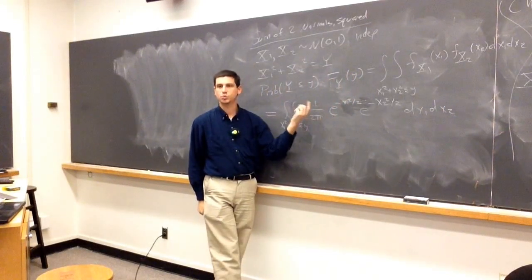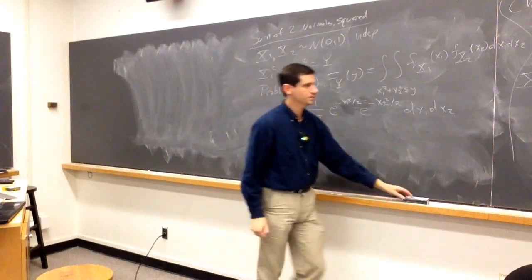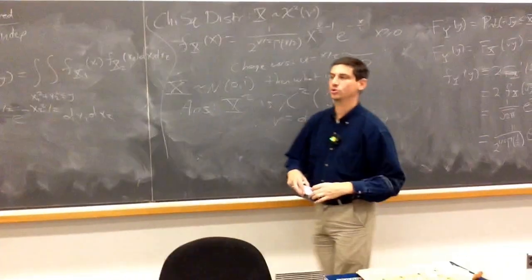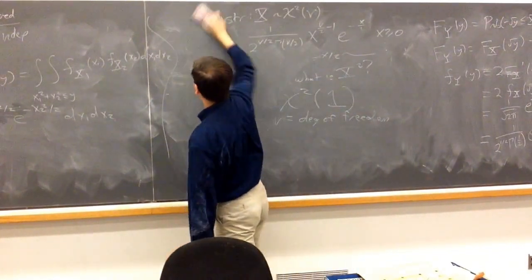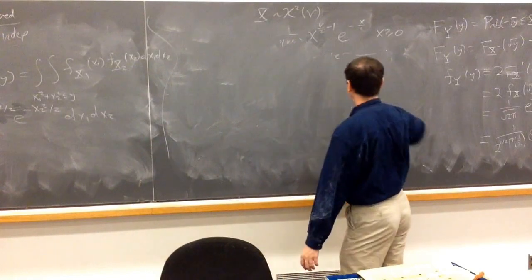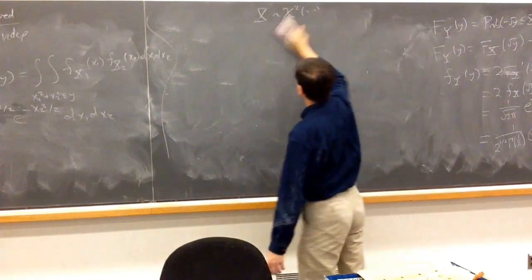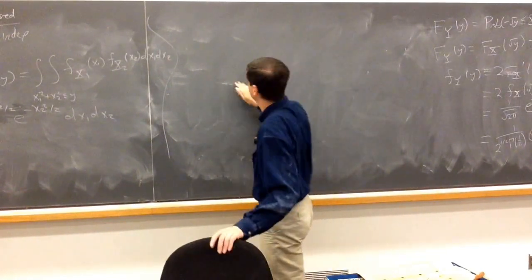When you see something like this, what do you want to do? Polar coordinates. And so if we want to shift this to polar coordinates, we then let x1 be r cosine theta. We let x2 be r sine theta. So we switch to polar.